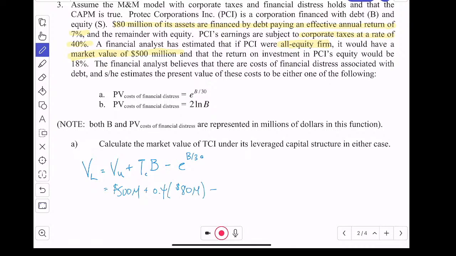And then I'm going to plug this in here. This is 80, and I'm going to assume that that 30, well, we'll find out. Oh, it says both B and PV are represented in millions of dollars in this function. Okay, so this is also in millions.